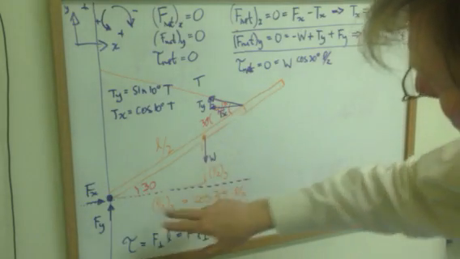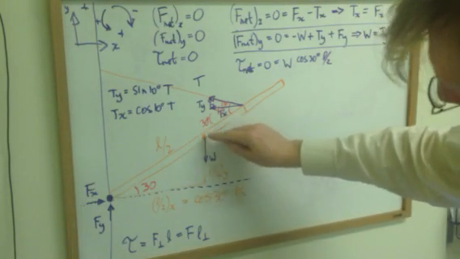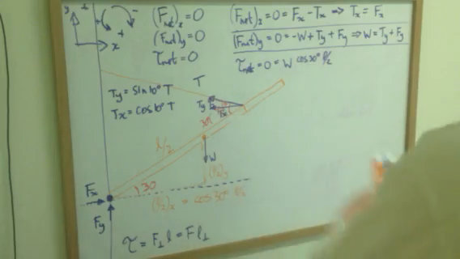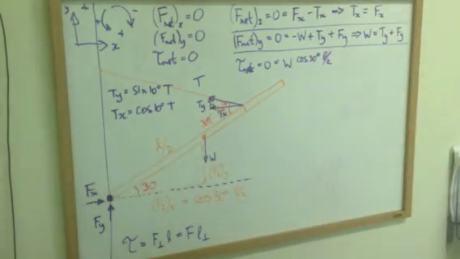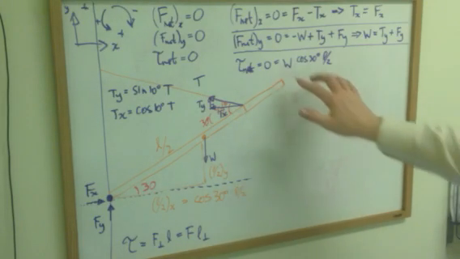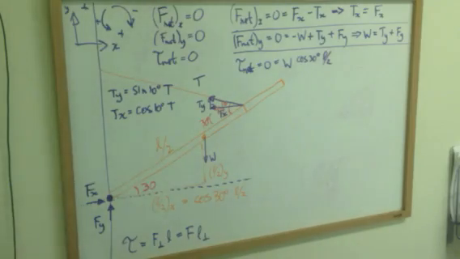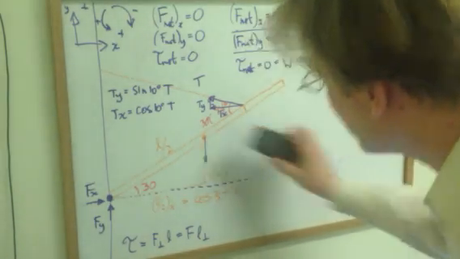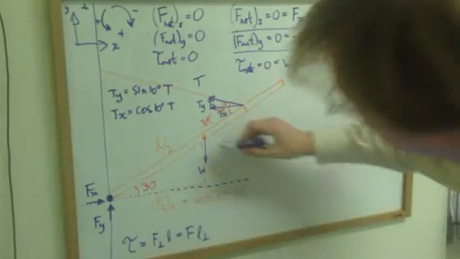I could have just kept L over 2 and then broken up this weight into a perpendicular and parallel component like we've done before. Any student is welcome to do that, and they'll come up with a mathematically equivalent statement. In fact, I will do it now, just to show you what would have happened. It's probably a useful illustration.